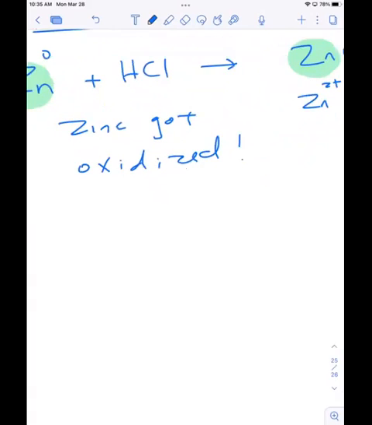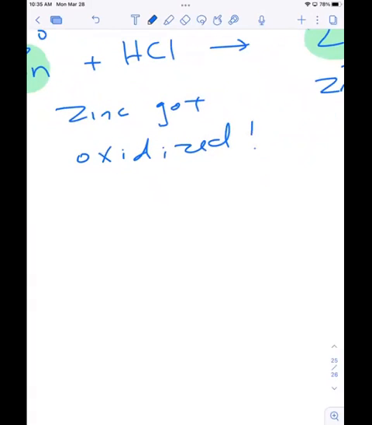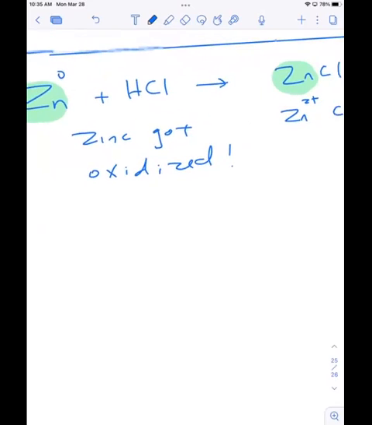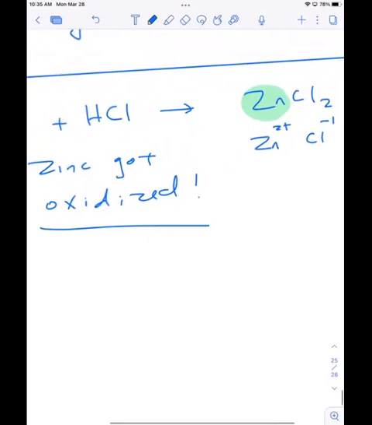Now let me say this as a caveat. Whenever it's a redox reaction, when oxidation happens, by default, reduction happens. So you can't have one without the other. So what is the charge on chlorine right here?